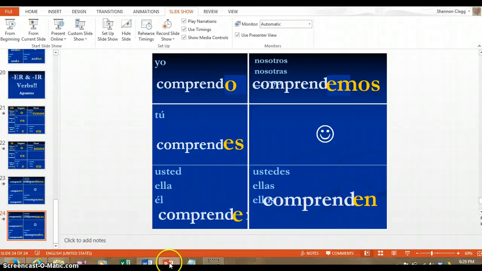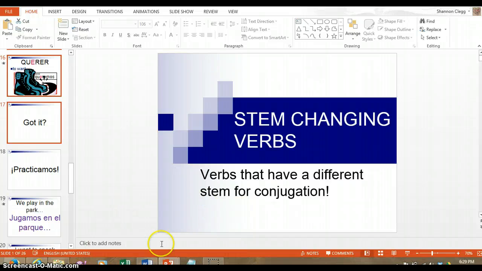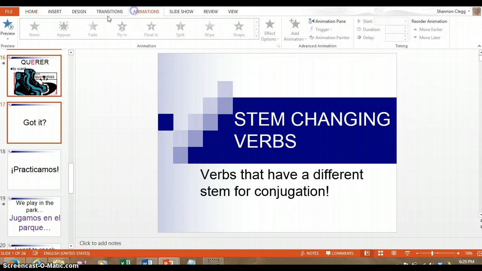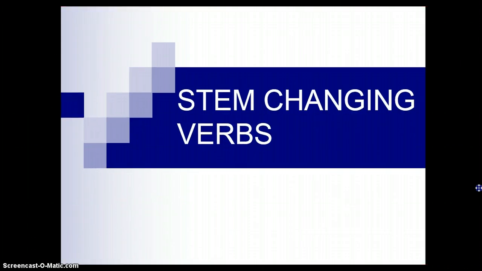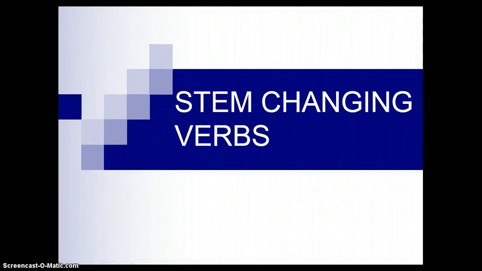Yay! However, what if we want to use some fancier verbs? We can do fancier verbs, no problemo. It's very simple. Let's talk about some stem-changing verbs, and you may know these. You may be very familiar with these few that we're going to start off with.